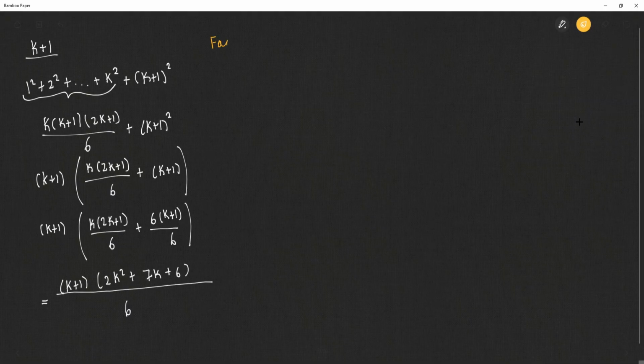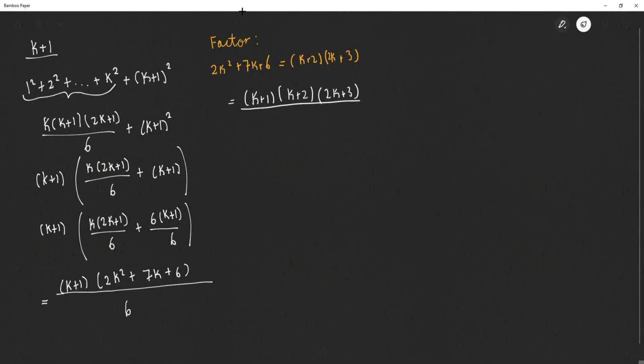We're going to factor, and we're going to get 2k squared plus 7k plus 6 is equal to k plus 2 and 2k plus 3. Which means that our equation simplifies to k plus 1 times k plus 2 times 2k plus 3, all divided by 6.